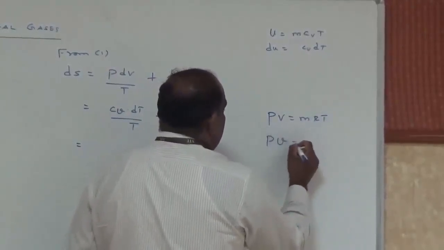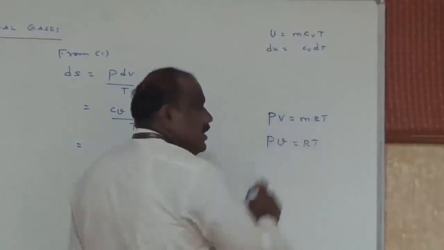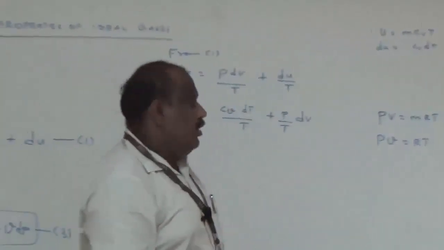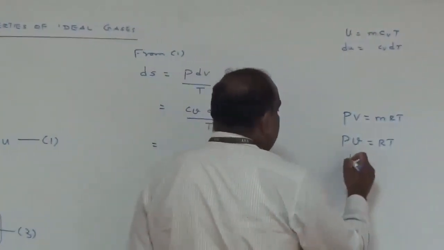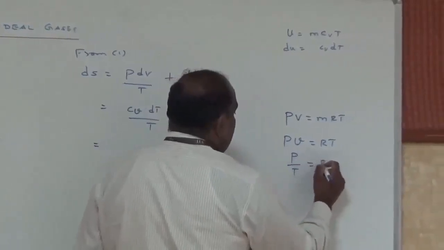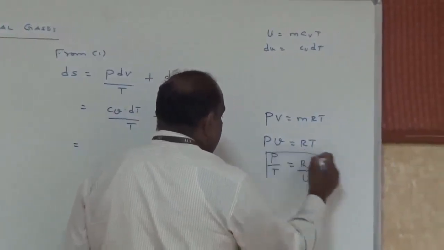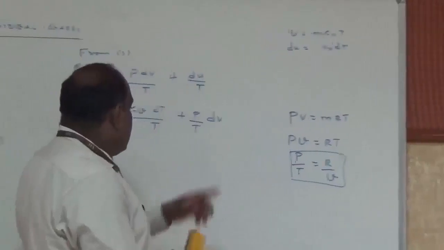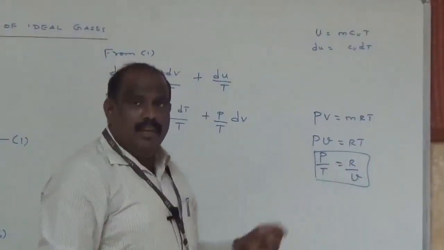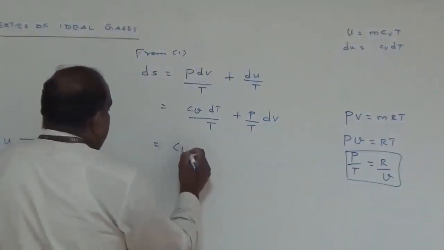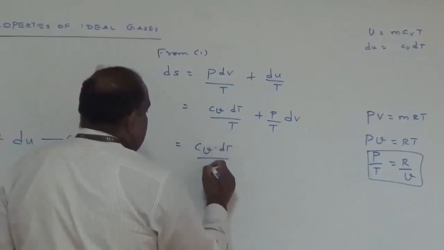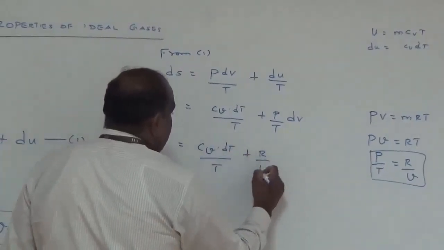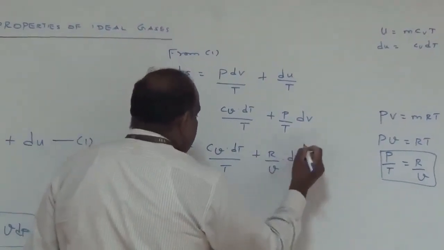Or P into small v equal to RT. What does this mean? Specific volume, the volume occupied by unit mass. So from this, what is P by T? P by T will be equal to R by v. So substitute P by T as R by v. So it is Cv into dT by T plus R by v into dv.